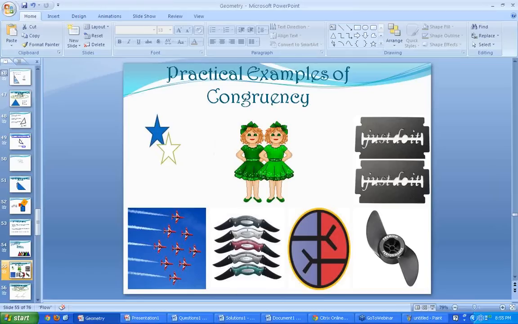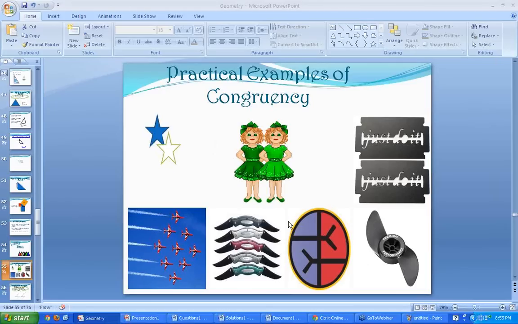That's it. Color is not important. If you see the figures here, they might vary in their colors, but they have similar shapes and similar size. So these figures are all congruent.